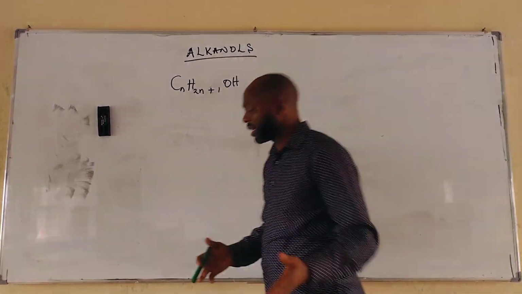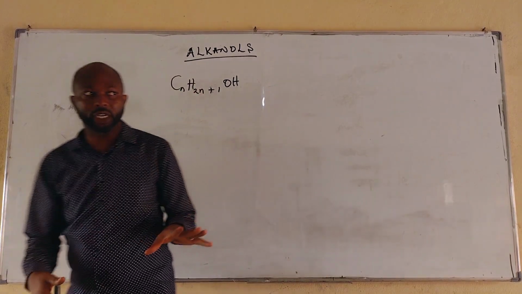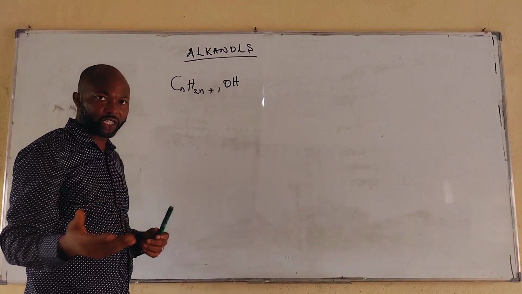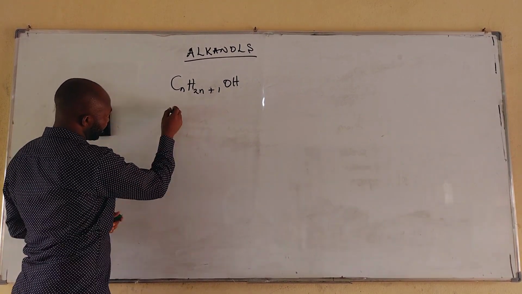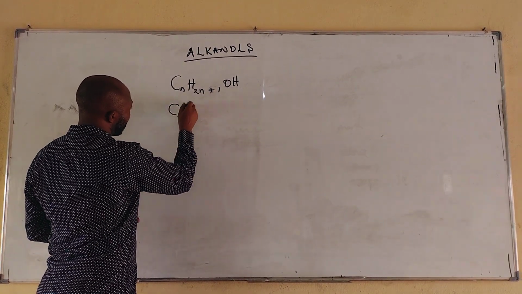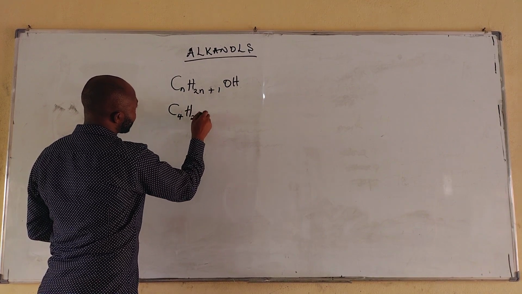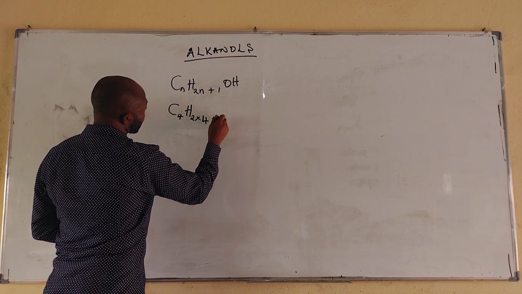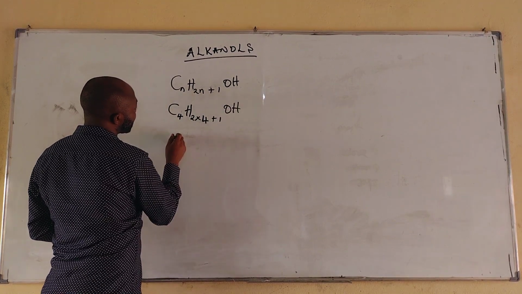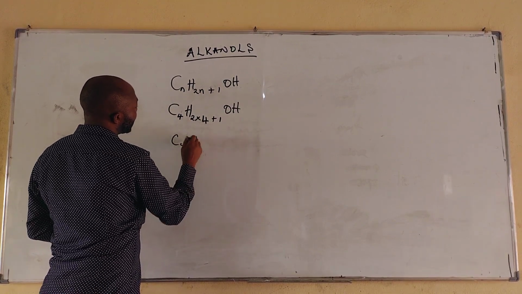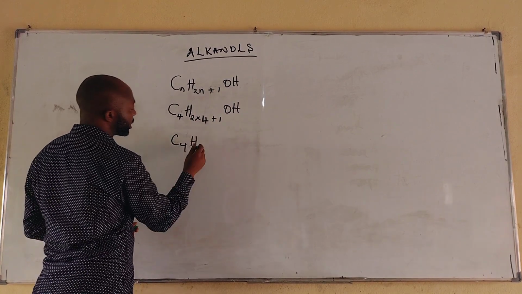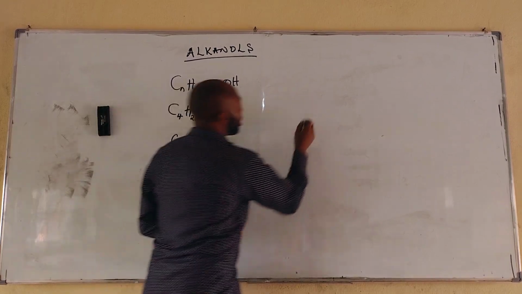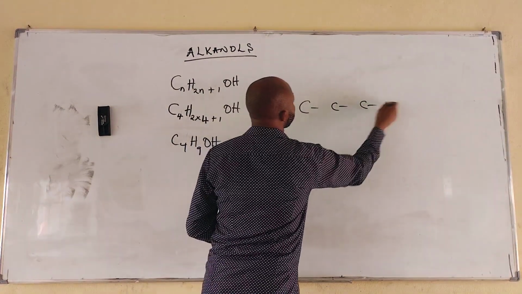So let's say if n is 4, which is butanol, then I want to know how many carbon and hydrogen there are in butanol. I will be having C4H(2 times 4 plus 1)OH, which is C4H(2 times 4 is 8, plus 1, 9)OH. And the structure therein becomes 1, 2, 3, 4.